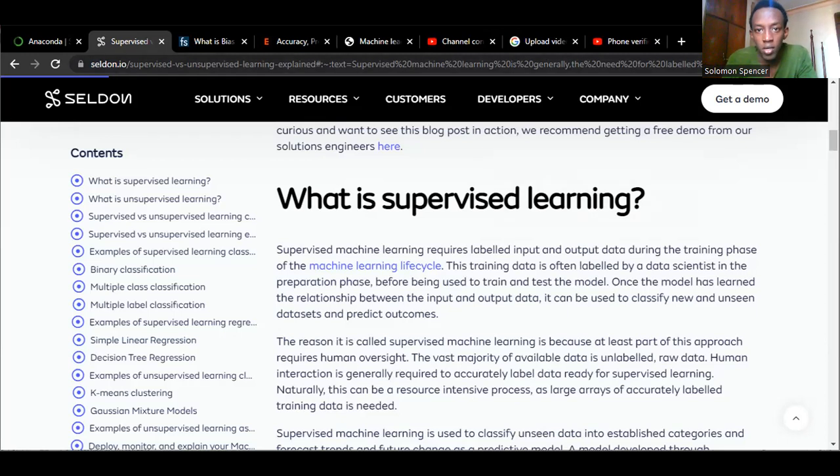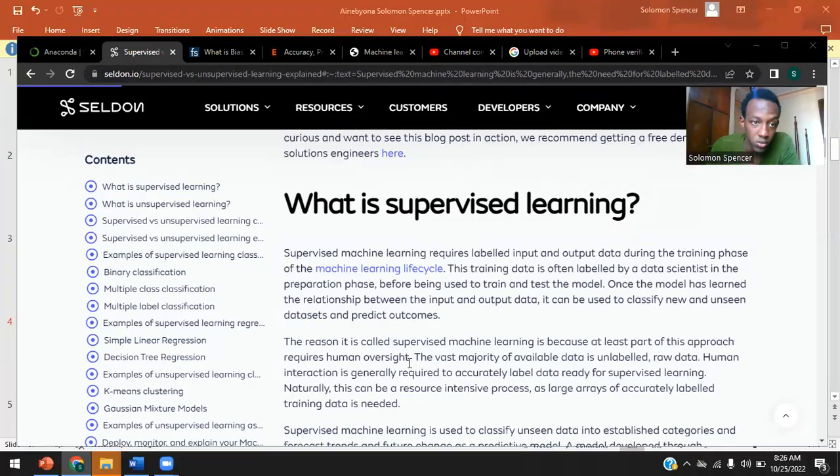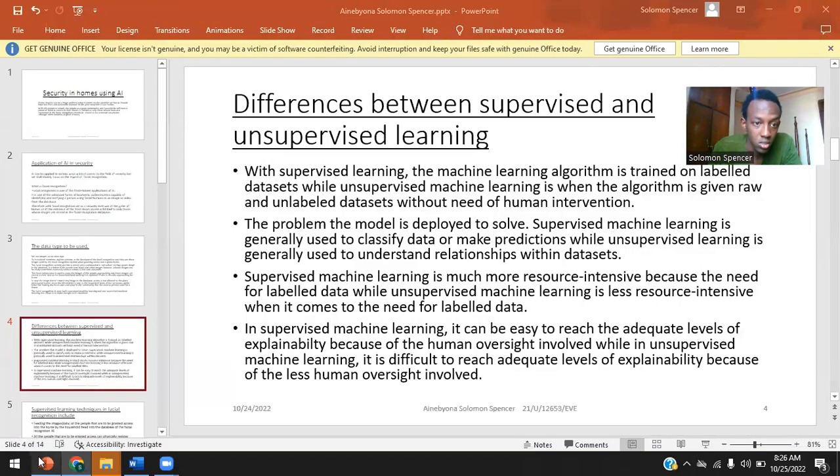So back to our PowerPoint presentation. These are some of the differences. Supervised machine learning is trained on labeled data sets, while for unsupervised machine learning the algorithm is given raw and unlabeled data sets, just like we've been talking about.